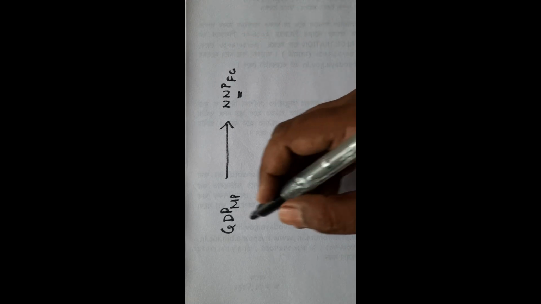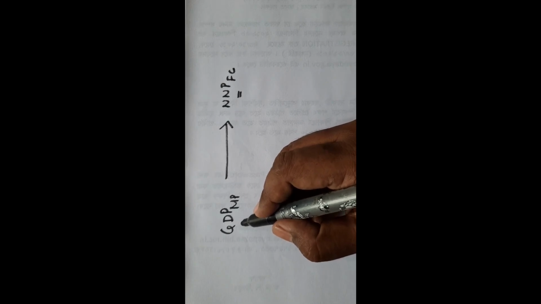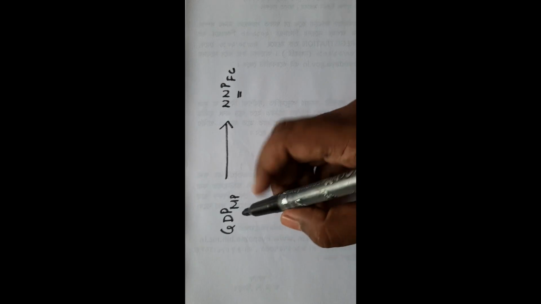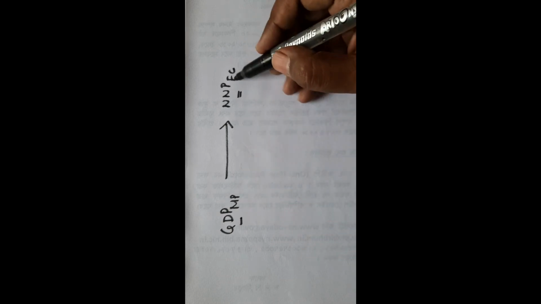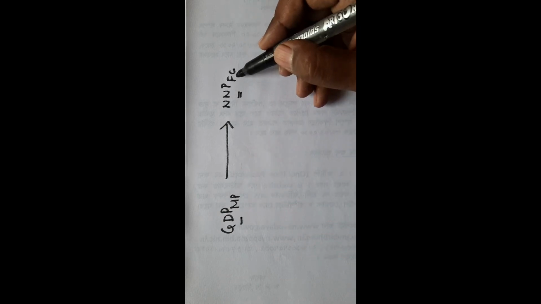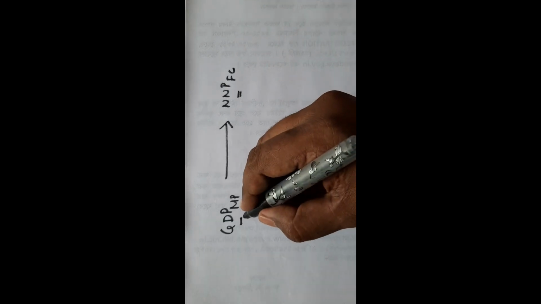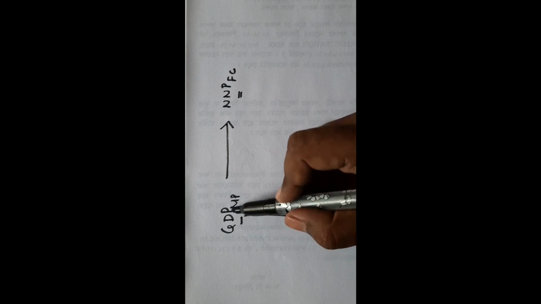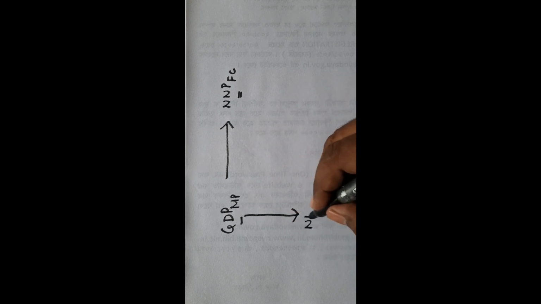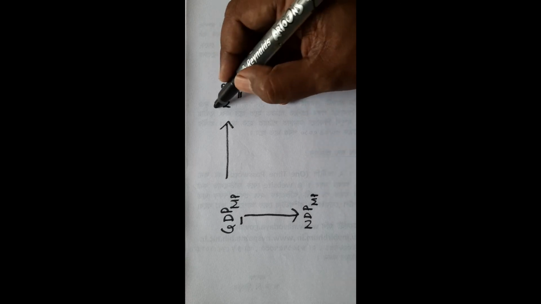So in this case, what do we have? By adding the values of the various expenditures, we get the value of gross domestic product at market price. Now we have to convert it into NNP at FC. So let us see how this conversion is done. First, the value of gross domestic product will be converted into net domestic product at market price, because we have an N here, so we need to bring an N here.